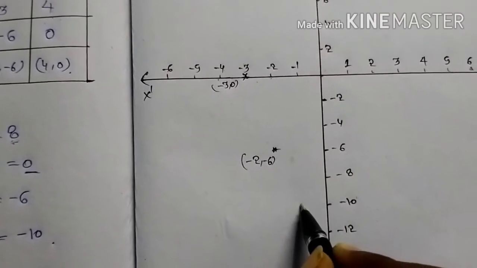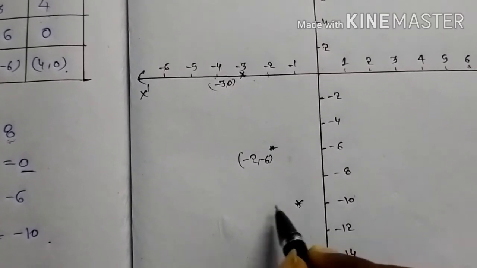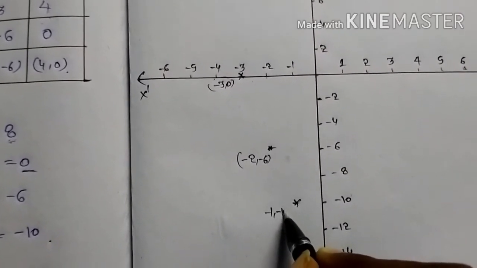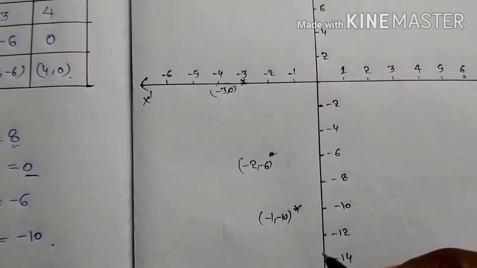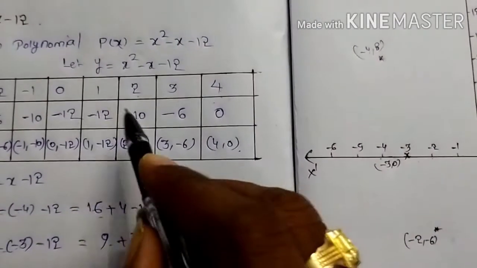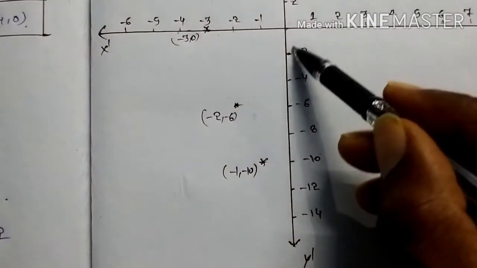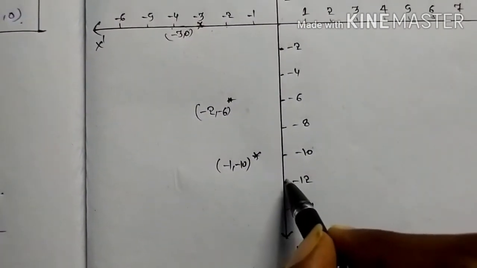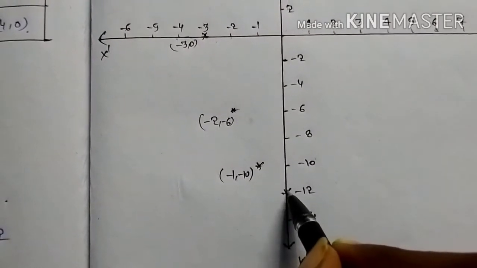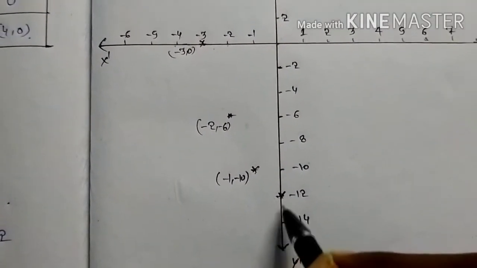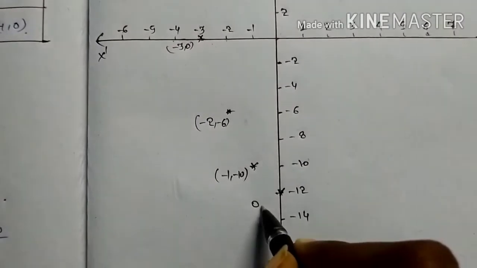Yes or no? You can take -1 comma -10. Next point you can see here 0 comma -12. See here 0 comma -12 means you will get the point on the y-axis only.